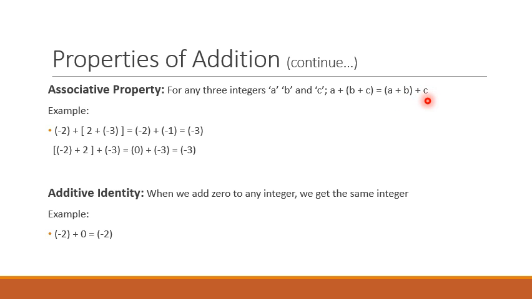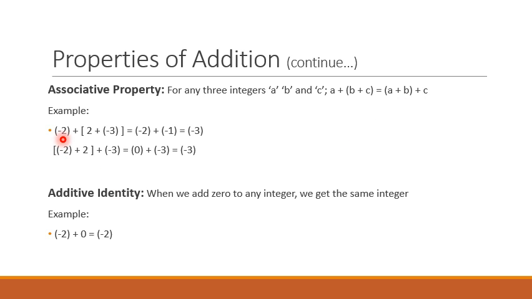This means the grouping of three integers doesn't affect the answer. Irrespective of the grouping of integers, the answer will remain the same. So let's see this with an example.